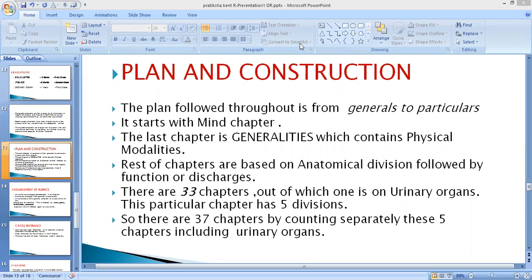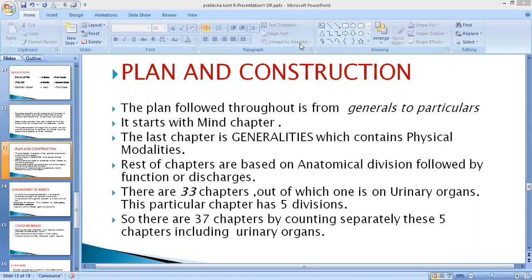In this way, he reduced the number of sections. As we found, there are 37 sections, but the total group sections are only 30. And different anatomical parts are given.